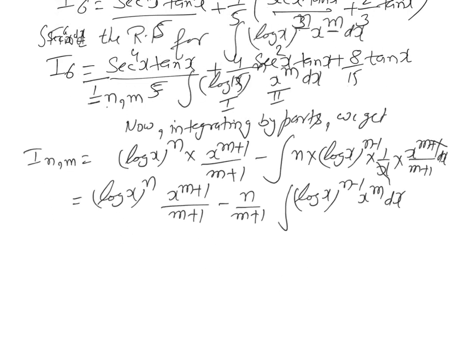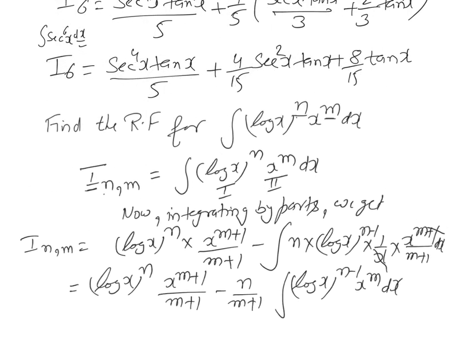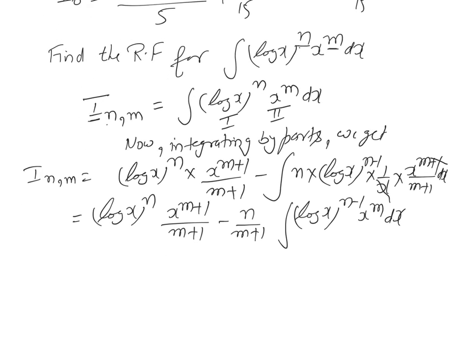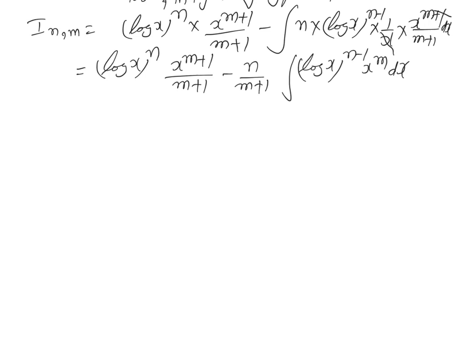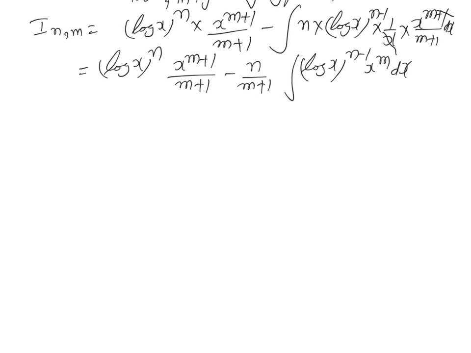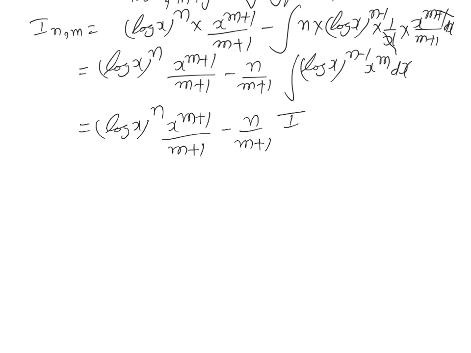Now see how this will work. This is further written in the subscript notation as log x raised to the power n times x raised to the power m plus 1 over m plus 1, minus n over m plus 1, and this can be written in the subscript notation as I n minus 1 comma m.